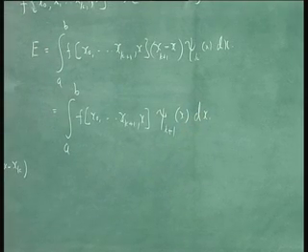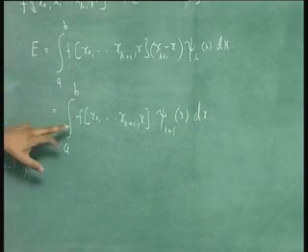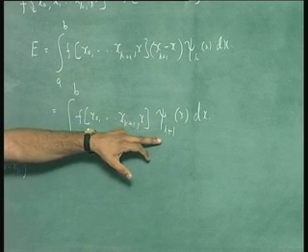So, we see that now the error has gone into the k plus 2 order term in the polynomial.